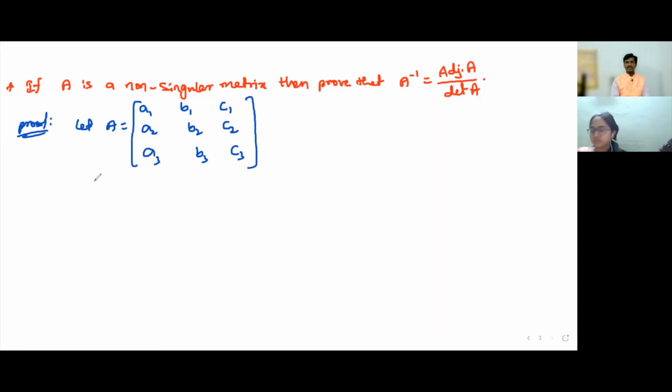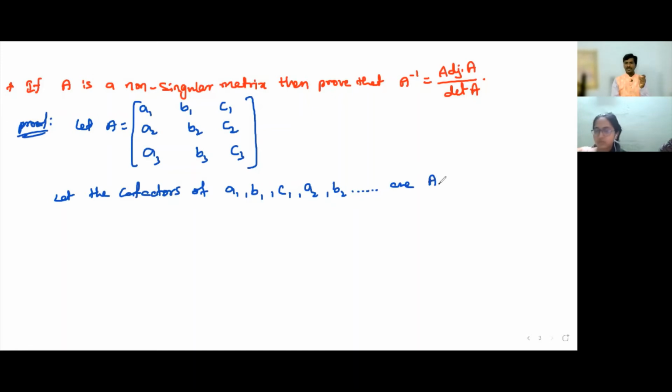After that, let the cofactors of a1, b1, c1, a2, b2, and so on be the same but with capital letters.